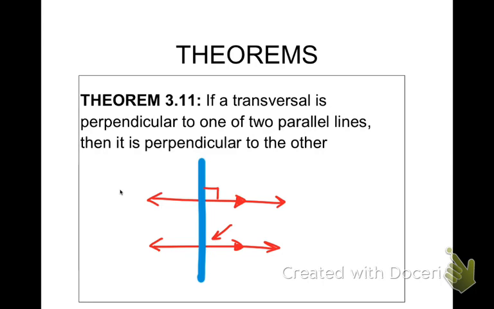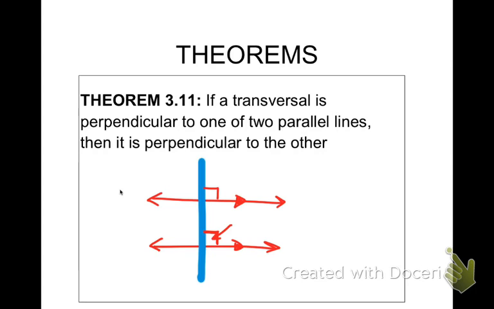Y. If parallel lines, then y is 90 degrees, because they're corresponding. Good. If lines are parallel, then corresponding angles are congruent. So if the top half is 90, the bottom half is 90. So if a transversal intersects parallel lines and it's perpendicular to one, then it must be perpendicular to the other.